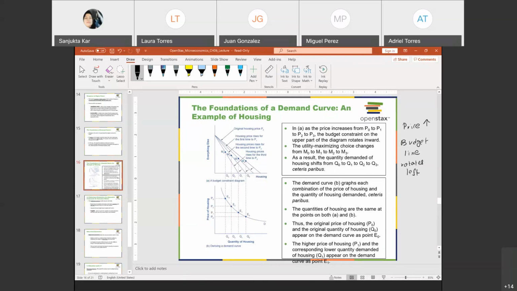Budget line keeps shifting to the left here. So here I have housing on the horizontal axis and everything else on the vertical axis. Say we have food on the vertical axis. Now, if you look at the demand curve here, I have the quantity on the horizontal axis and the price on the vertical axis.